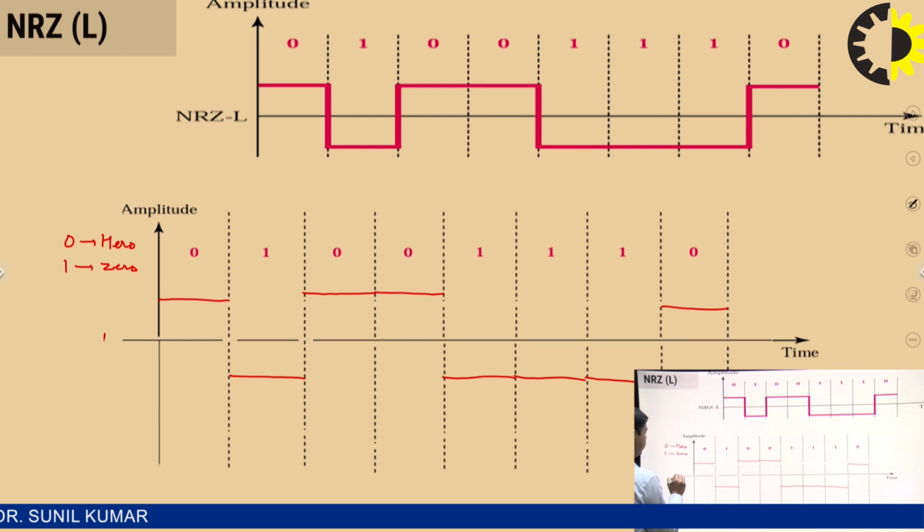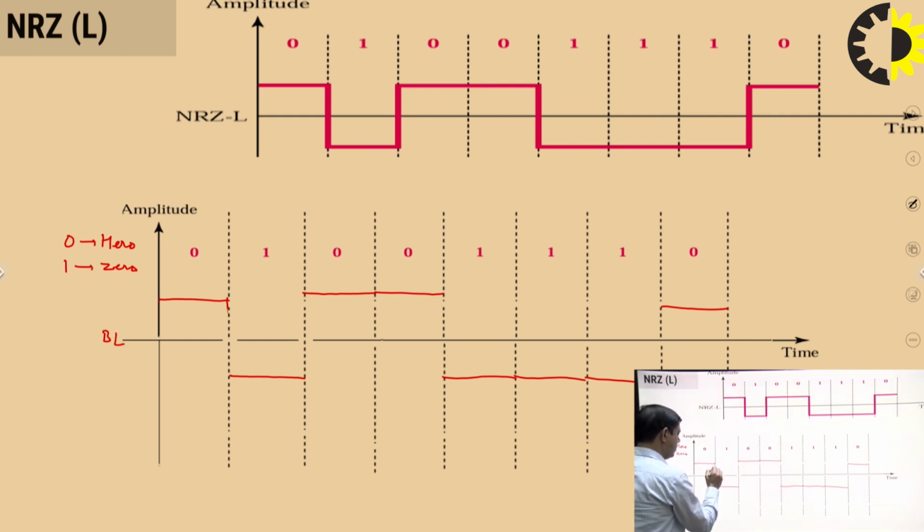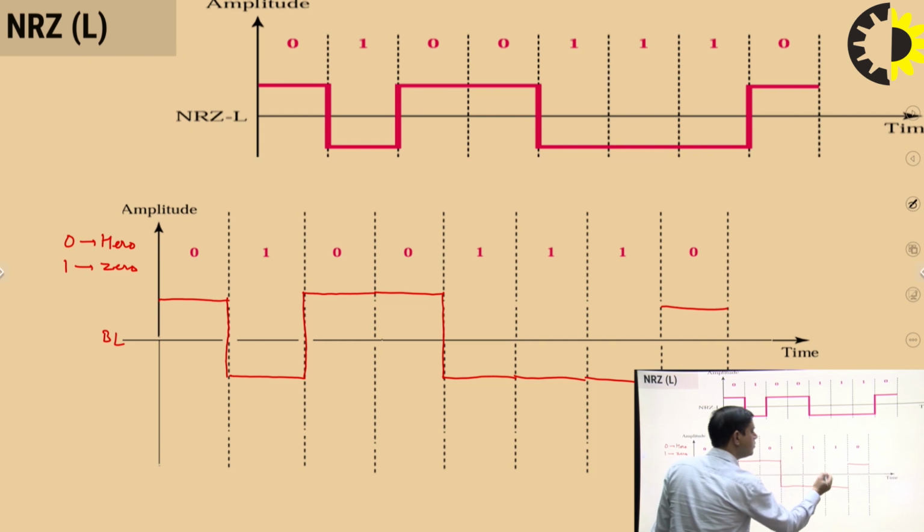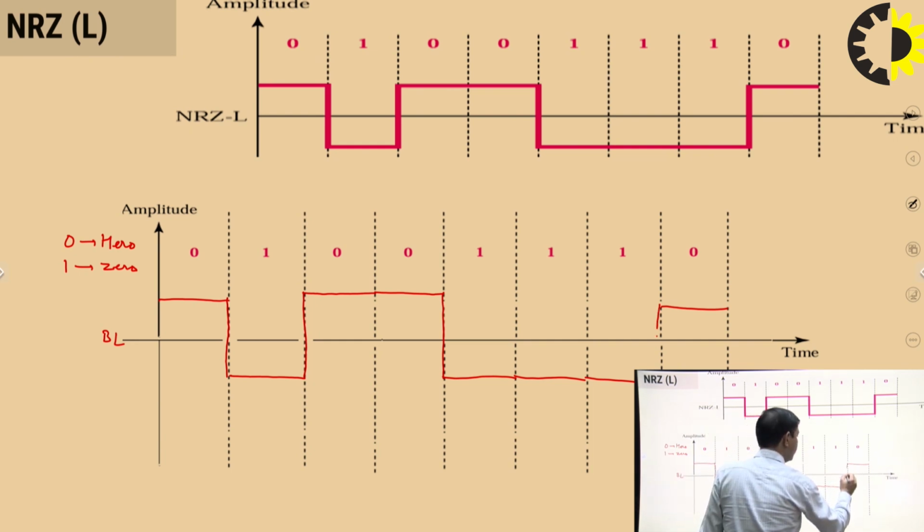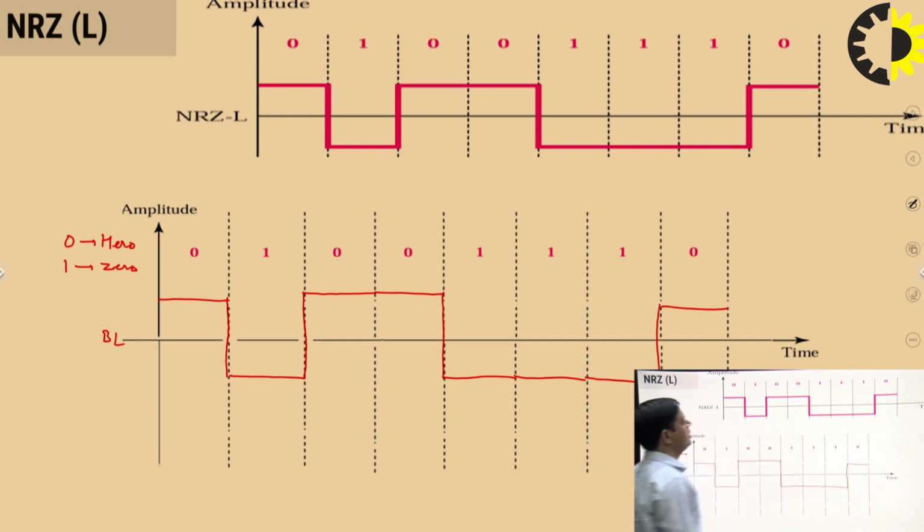That is baseline. Now, again we have to connect these lines, that are the vertical lines. And finally, this digital data is converted into the digital signal by using this NRZ-L, that is non-return to 0, L means level.